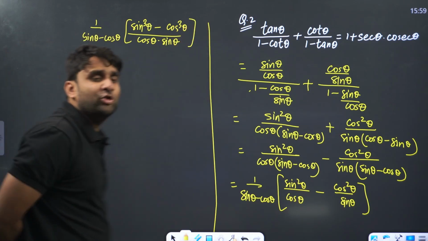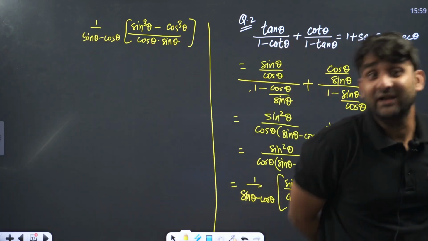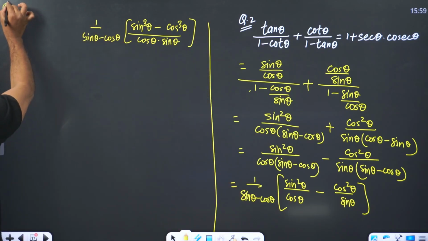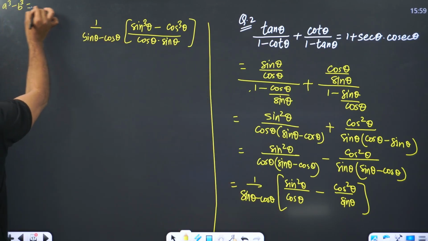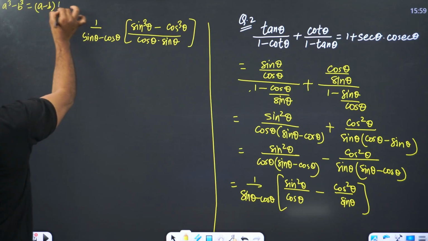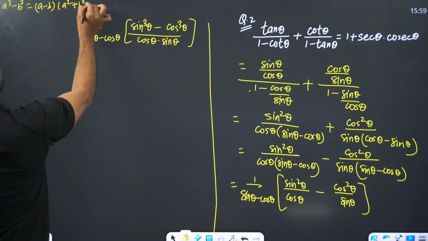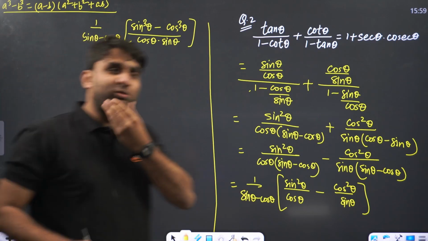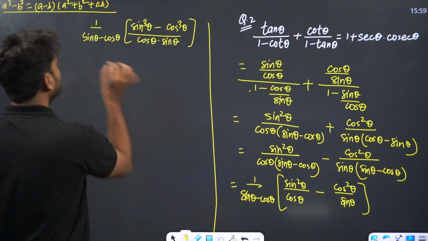Do you know a cube minus b cube? This is an algebraic identity: a cube minus b cube is equal to a minus b, a square plus b square plus ab. Now apply here.